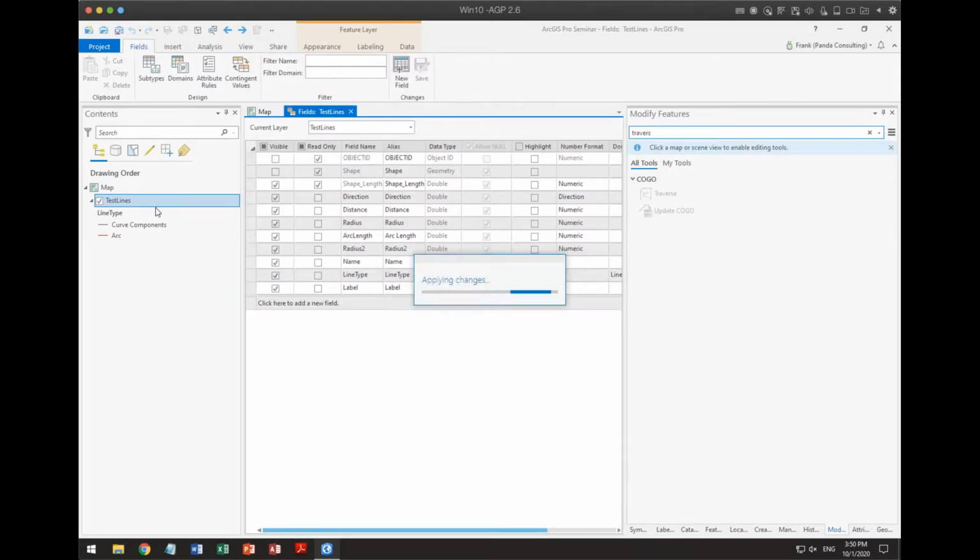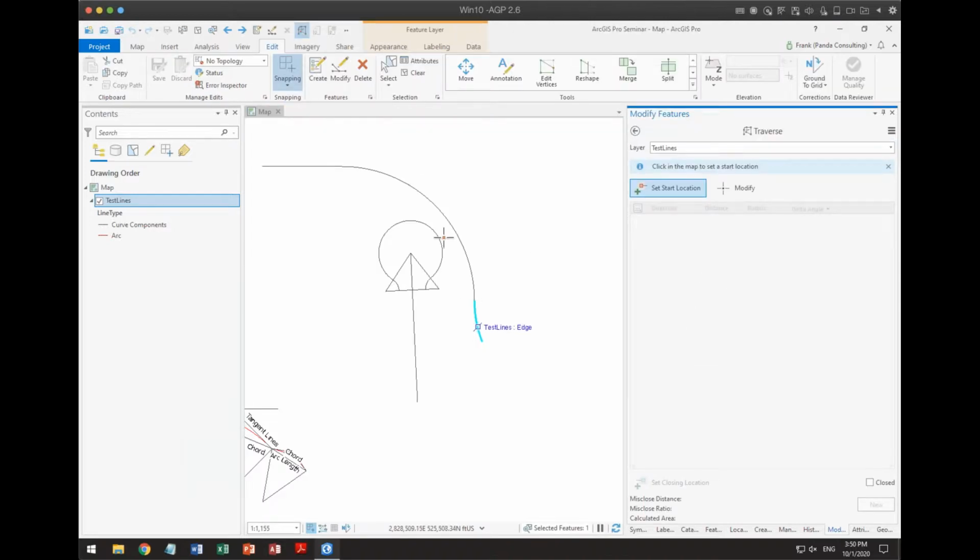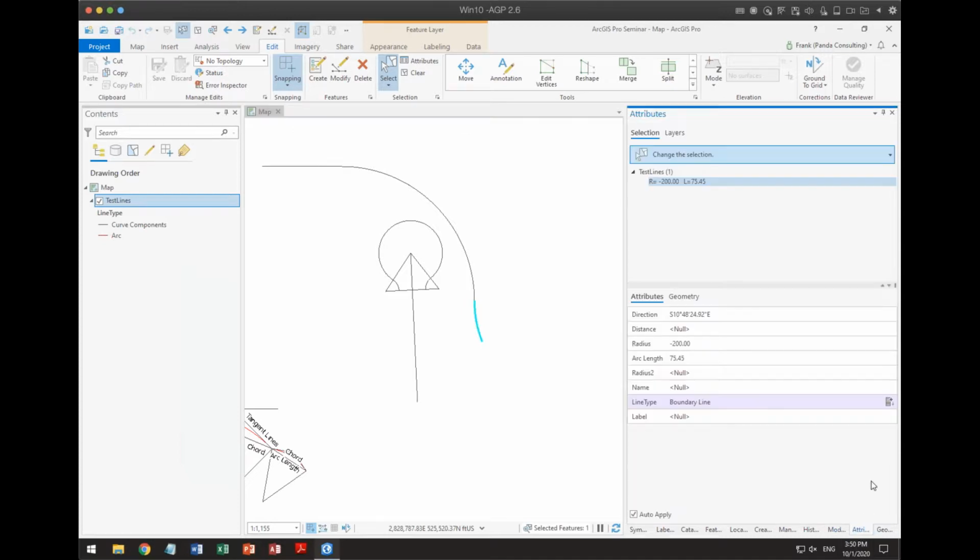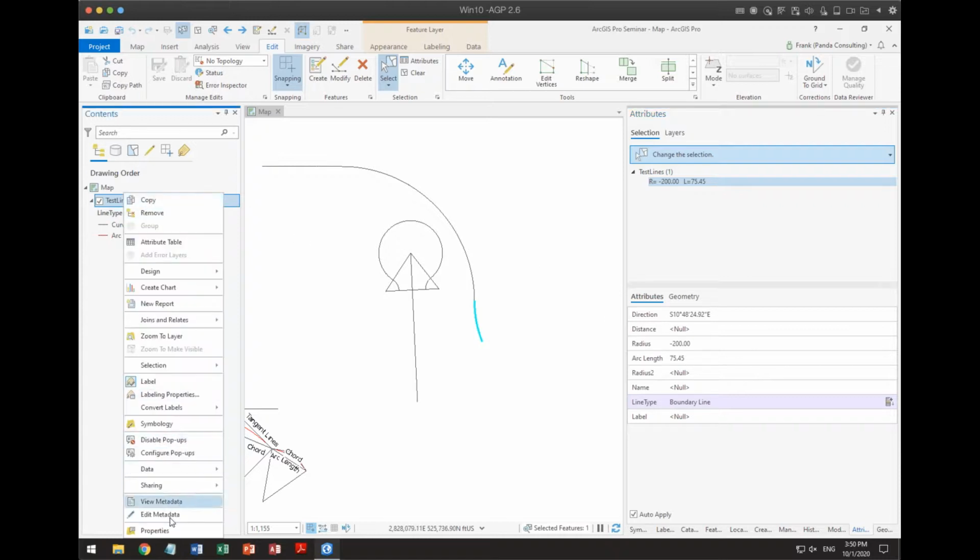And let's save this so that now I can do a select and look at the attributes. I thought I just exposed that.